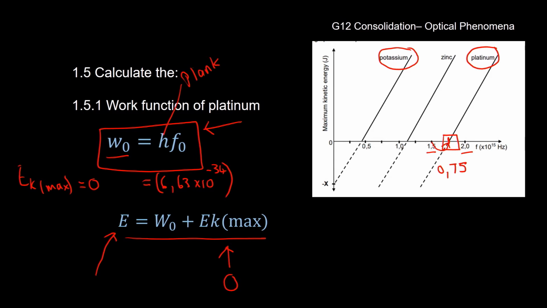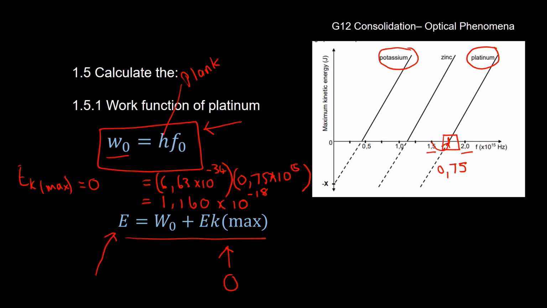I substitute that in: 0.75 times 10 to the 15 hertz. Okay. And then I can calculate that using my calculator, and I end up with 1,160 times 10 to the minus 18.